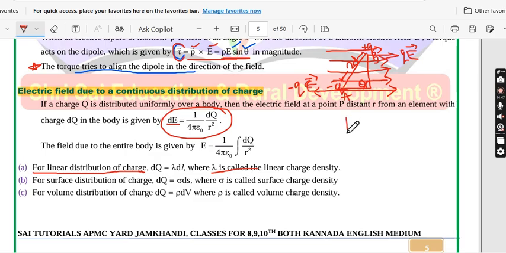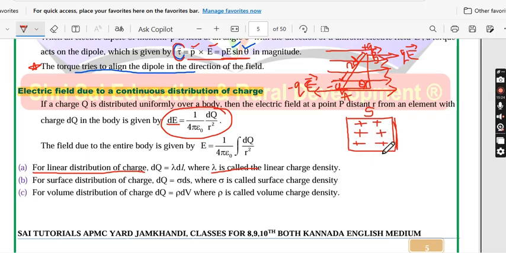Suppose let us consider a plane sheet of surface area S, on which a charge Q is uniformly distributed.